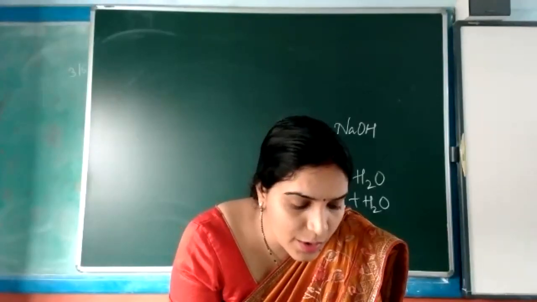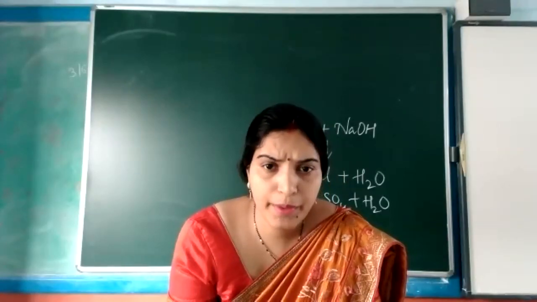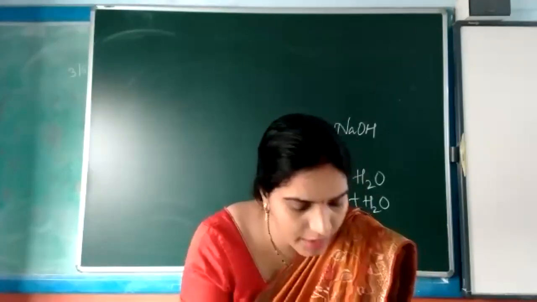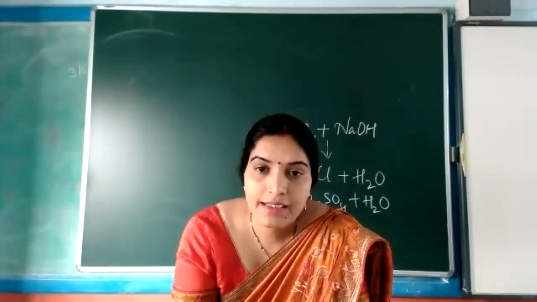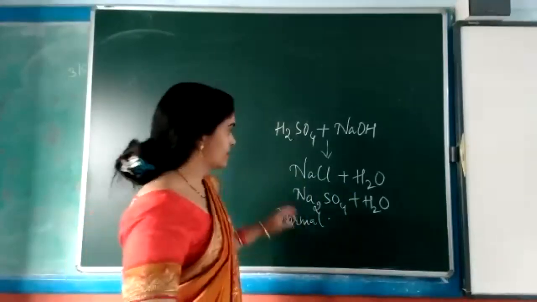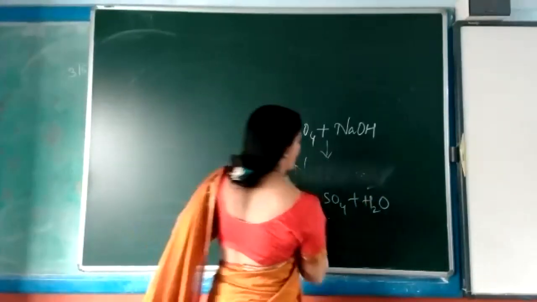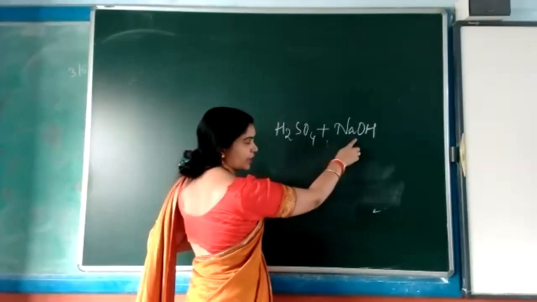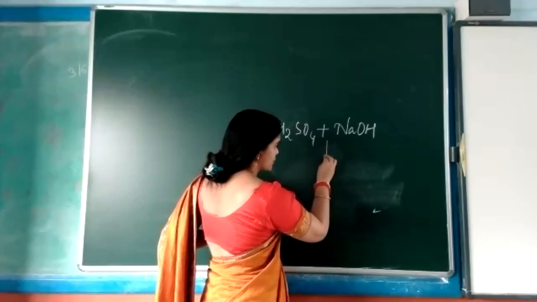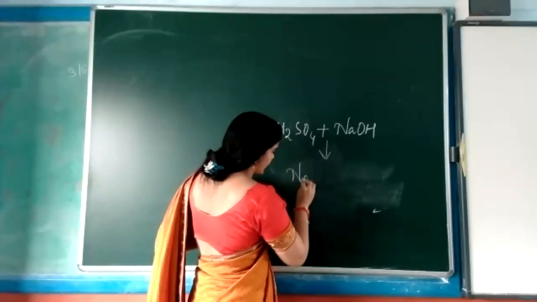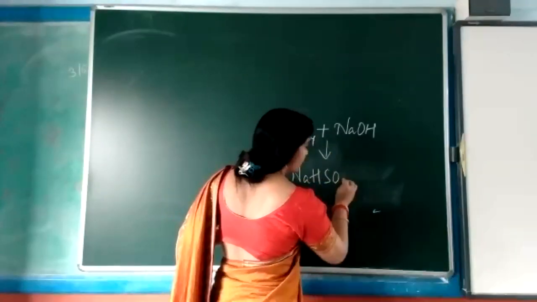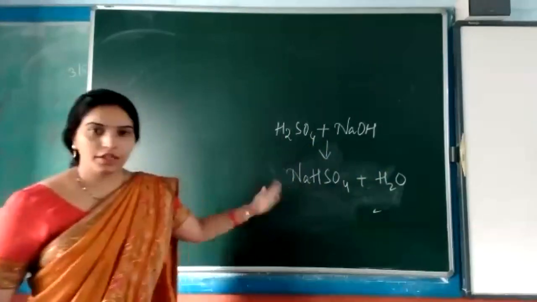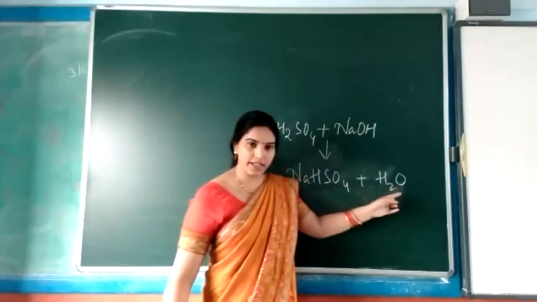Now, how is an acidic salt generally prepared? Preparation of acidic salt: H2SO4 and NaOH, if these two react with each other, give NaHSO4 along with water molecule. It is a neutralization reaction, because the byproduct is water.